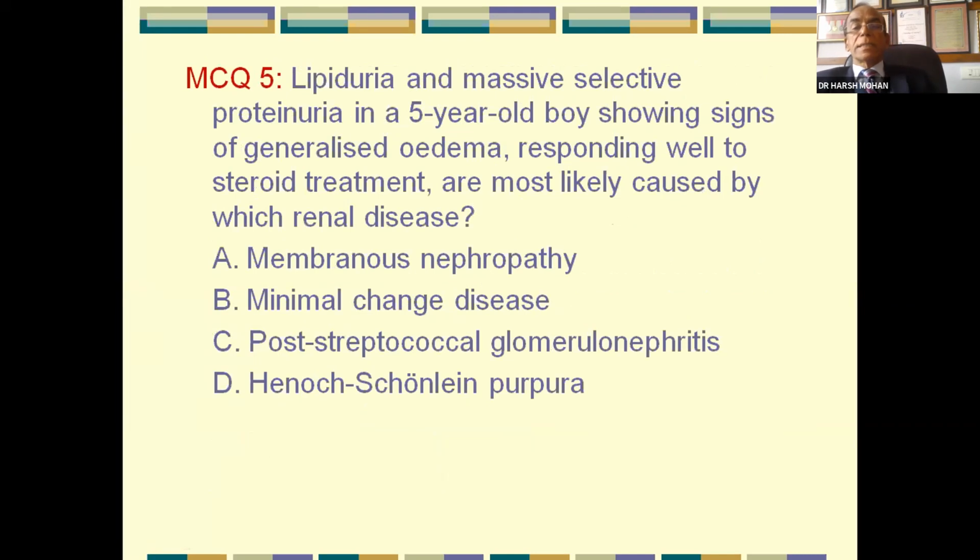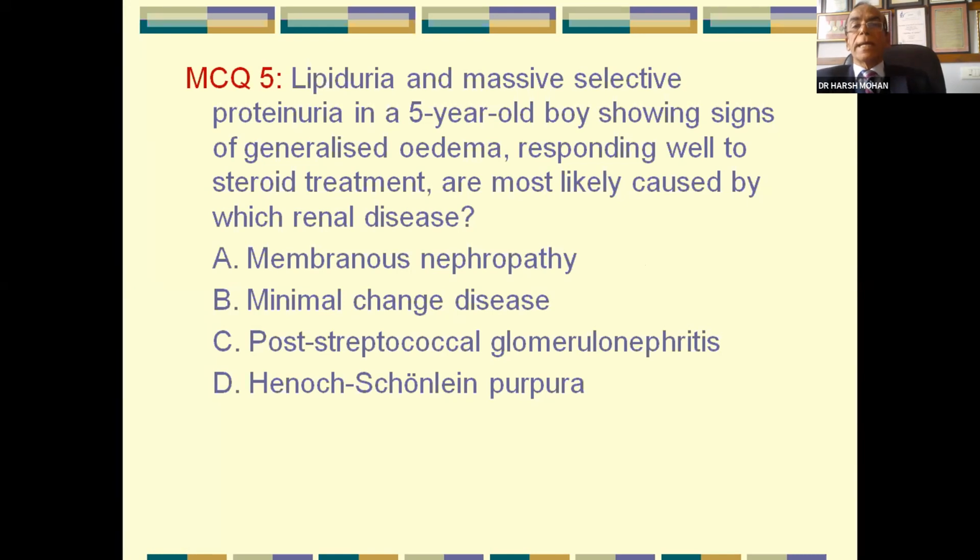Now, again, a clinical scenario-based question can be like this: lipiduria and massive selective proteinuria in a 5-year-old boy showing signs of generalized edema, responding well to steroid therapy, are most likely caused by which renal disease? So clinical data given and 4 types of renal diseases given: membranous nephropathy, minimal change disease, post-streptococcal glomerulonephritis, and Henoch-Schonlein purpura.